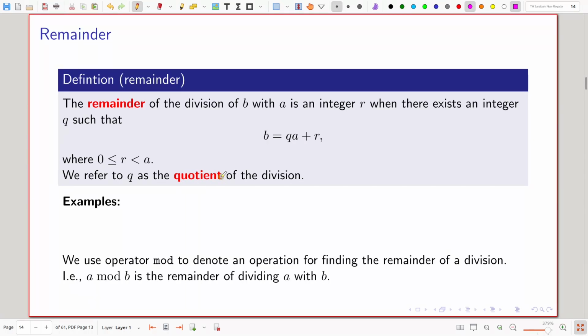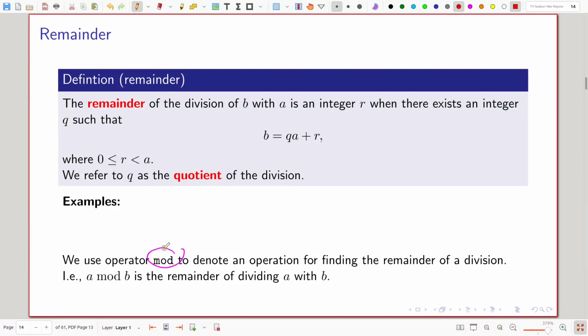When we write code, we use the operator mod to find the remainder. A mod b is the remainder of dividing a by b. When I write a mod b, let me take a minute to fix this.